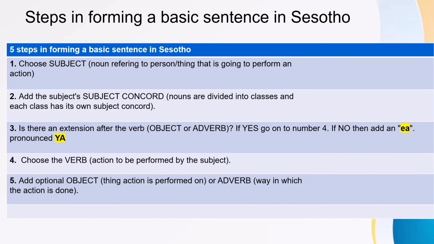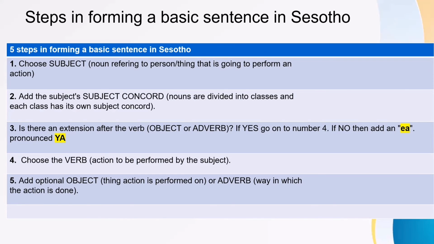Thirdly, check if there is an extension after the verb, which is objects or adverbs. If there is, you go to number 4 and choose the verb, which is an action to be performed by the subject. But if there is no extension after the verb, then you're going to add ya.